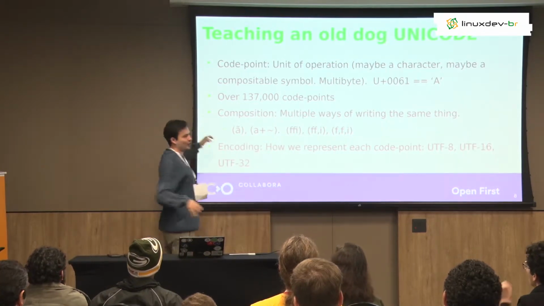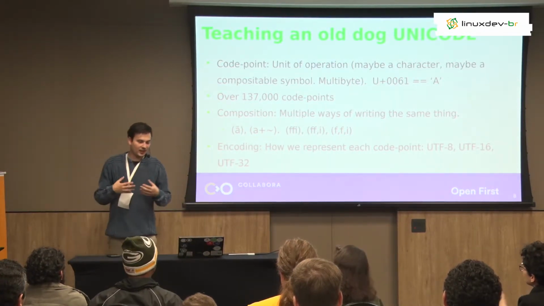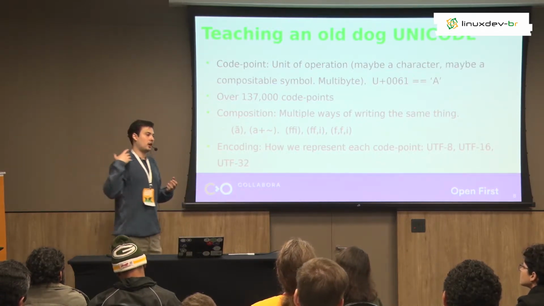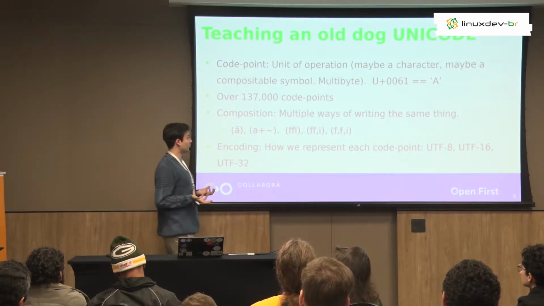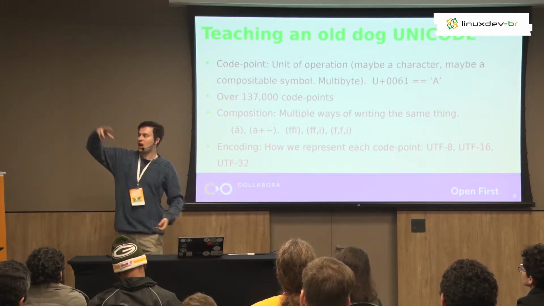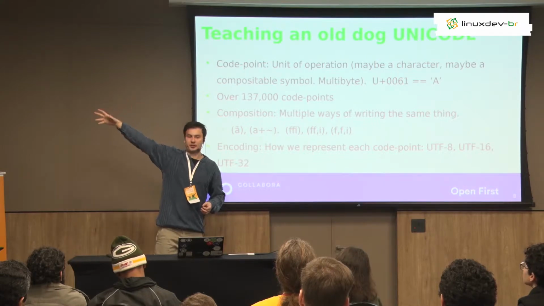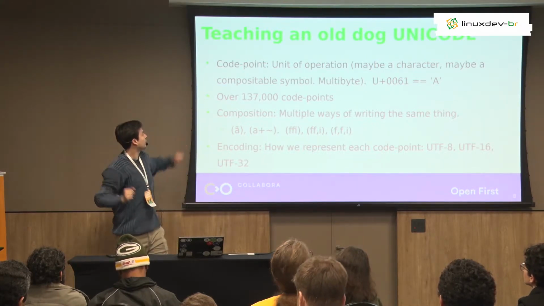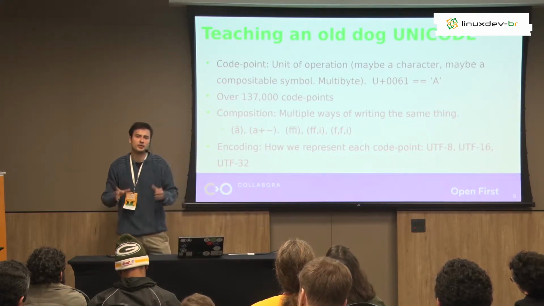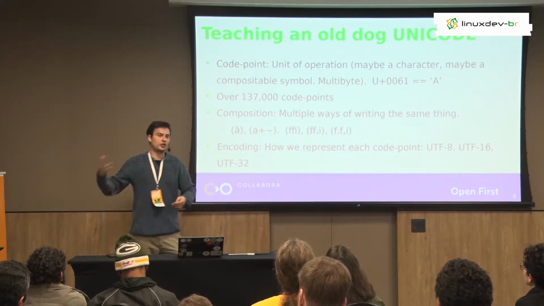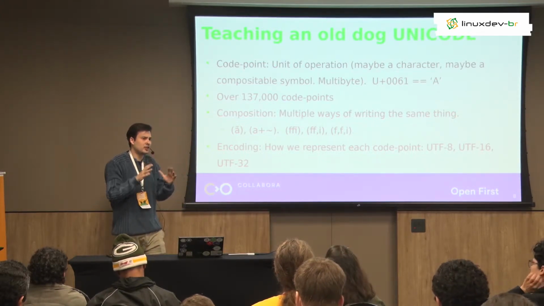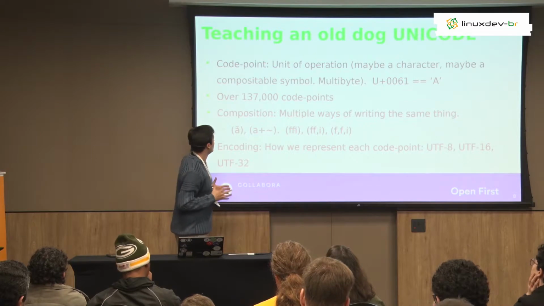So basically, Unicode is a specification of how you interpret scripts of languages, and each character in any language of the world, from English up to hieroglyphs, is there. They are assigned a code point, which is a unit of operation. It's not exactly a character because you have code points that can be surrogates or control code points, but basically think of it as a character in any language possible.